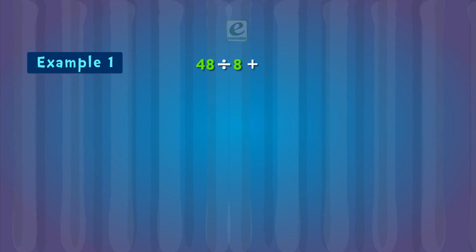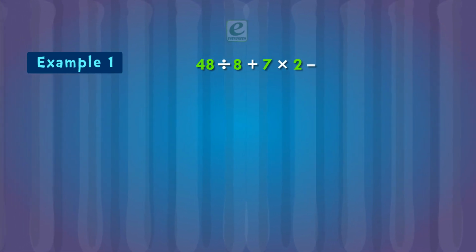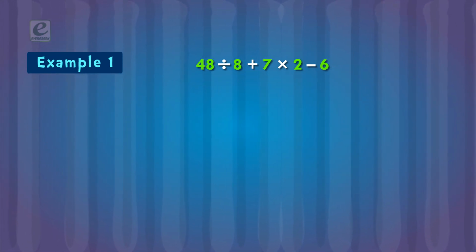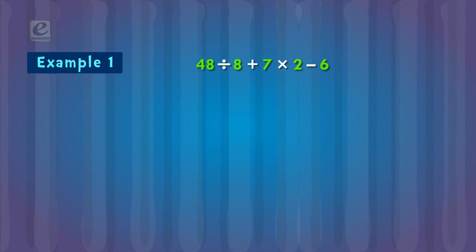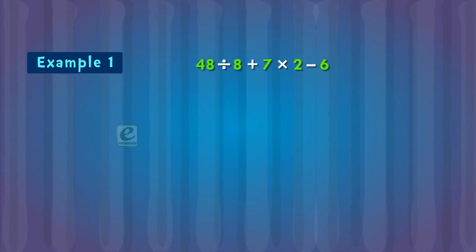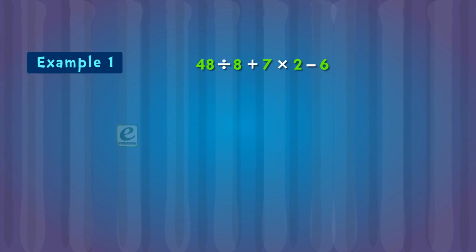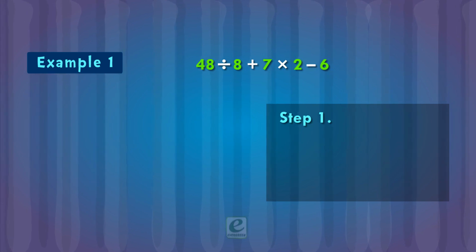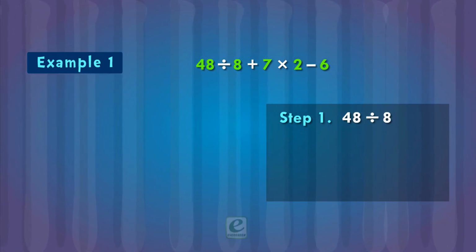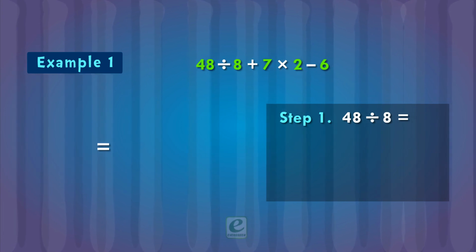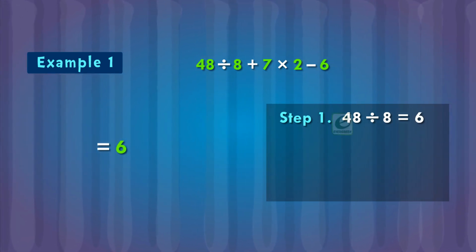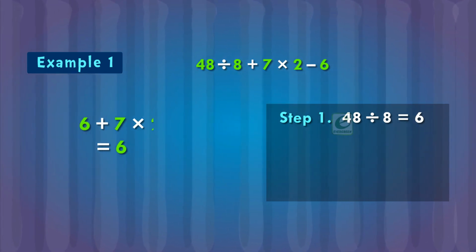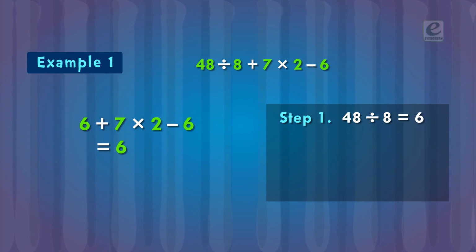Let us simplify the statement. 48 divided by 8 plus 7 multiplied by 2 minus 6. According to the DMAS rule, first we will divide, then multiply, then add, and then subtract at the end. So, in step 1, let us divide 48 by 8. After division, we get 6. So, we will write the statement as 6 plus 7 into 2 minus 6.